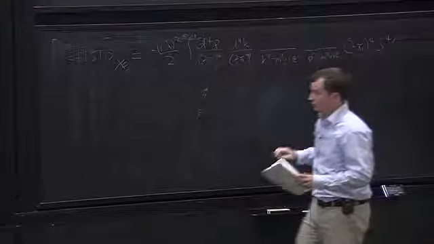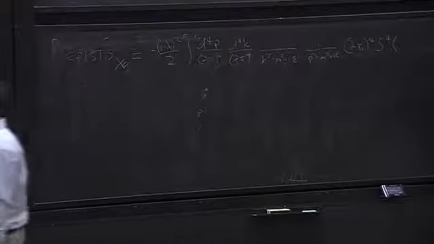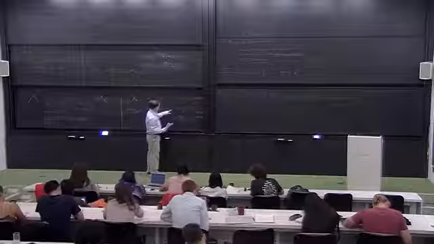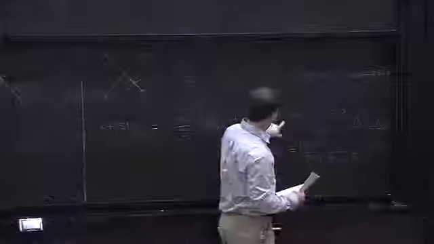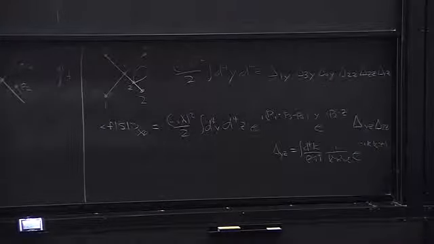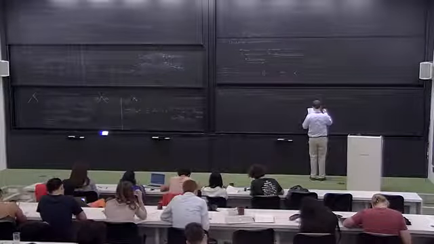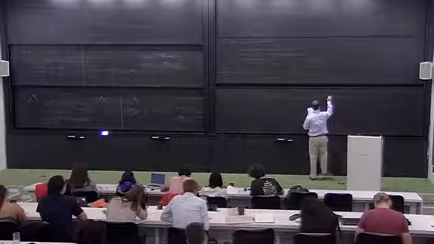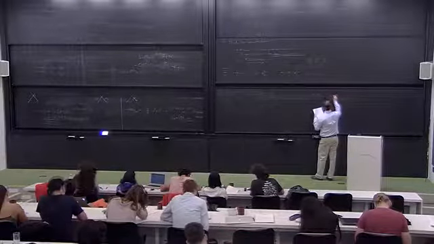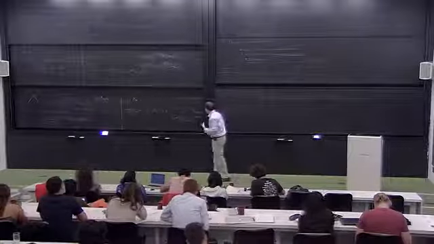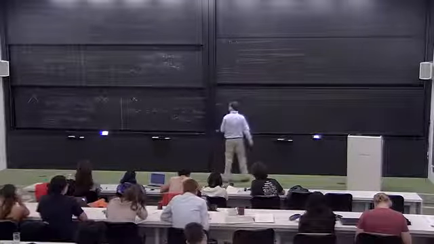So we have one delta from doing the y integral, and the y integral will give us something involving p1, p3, p4, and k. So we'll get something like p1 minus p3 minus p4 plus k minus k.